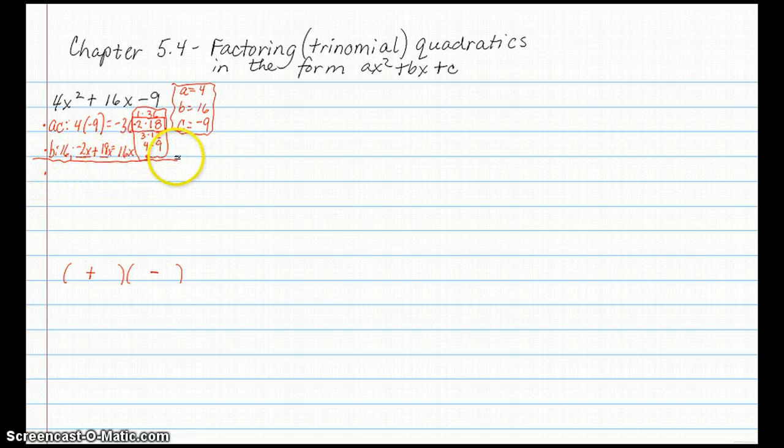So that separates out here. So the first thing you are going to work on is going to be the grouping method.